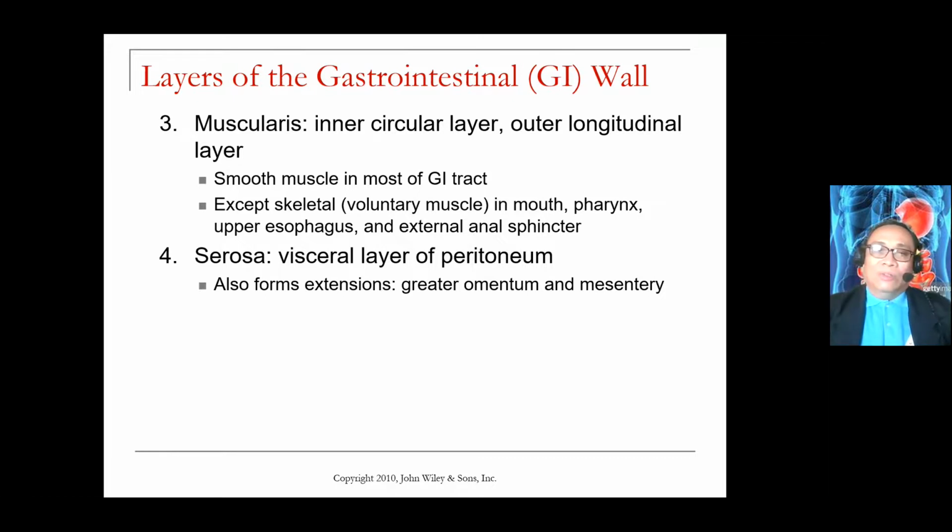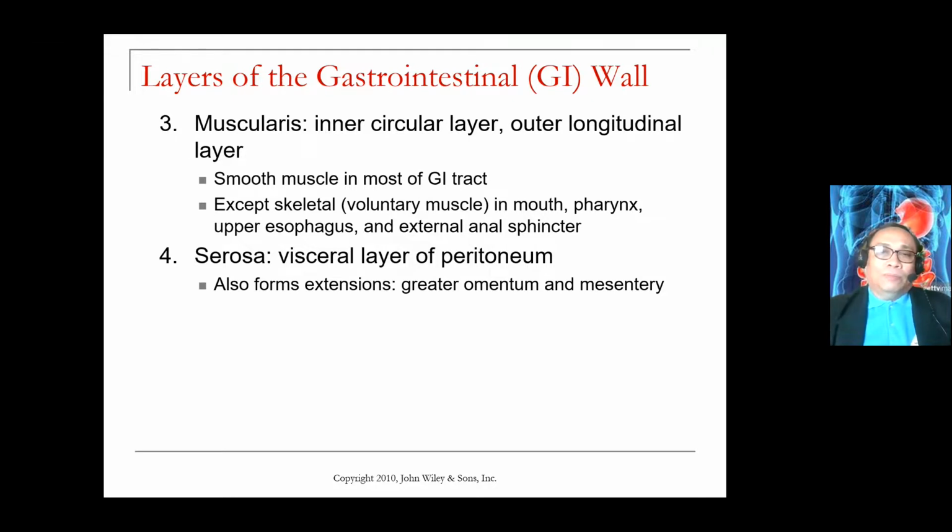While the outer longitudinal layer, which is lengthwise, when it contracts, it shortens. And this rhythmic or harmonious movement between the inner circular muscle and the outer longitudinal muscle is actually what creates the peristaltic effect, which is why food is able to move along the gastrointestinal tract.